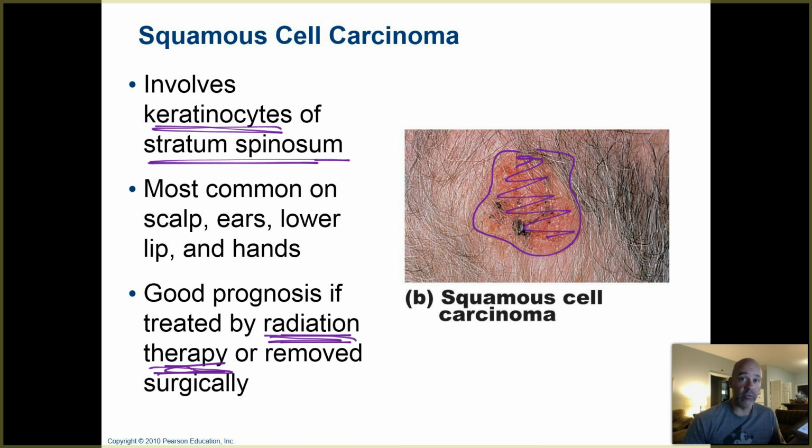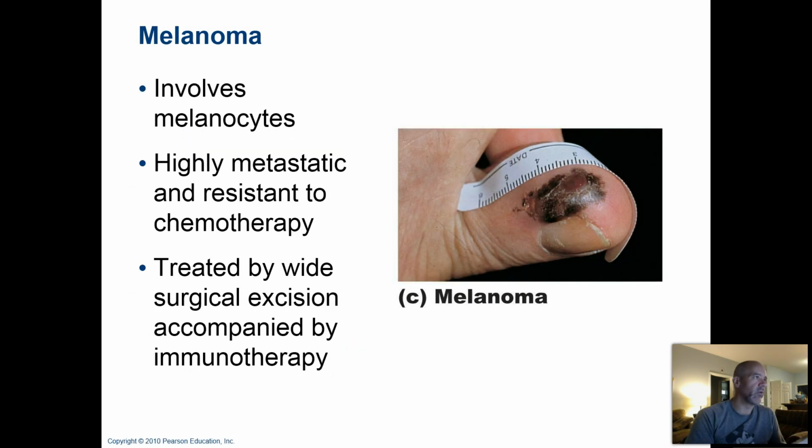It works in the same way that ultraviolet light does. It screws up the DNA. It mutates the DNA in those cells, and it actually causes the cancerous cells to die. It also causes your healthy tissues to become damaged or die as well, which is why there can be so many side effects from those types of treatments. These types of cancers can also a lot of times be removed surgically.